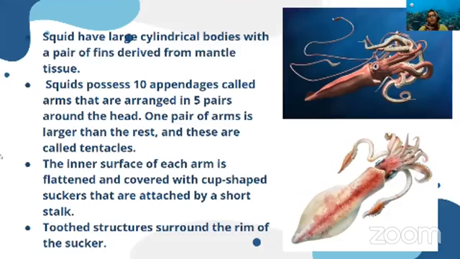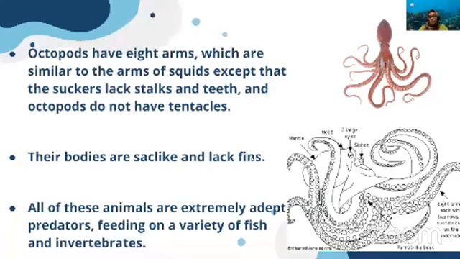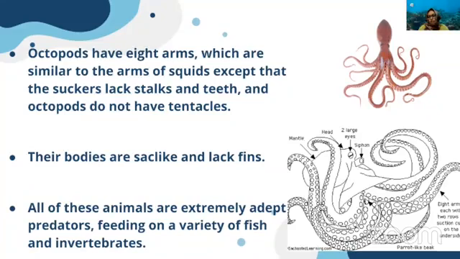Here, the suckers are toothed in squids, but when it comes to octopus, they don't have teeth in their suckers. Here you can see in octopus they have 2 rows of suckers in each arm, but they are not toothed ones.